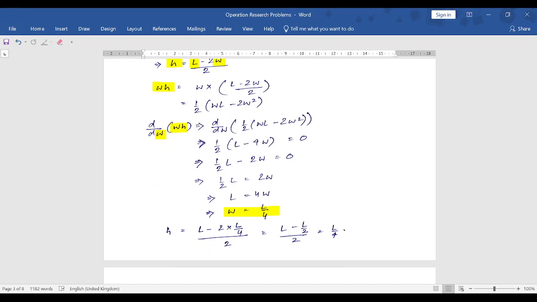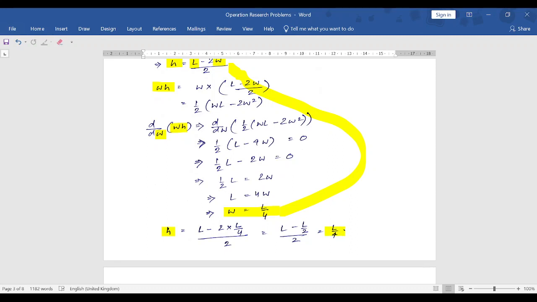So H is equal to (L minus 2 into L by 4) by 2. We replace W with this value in the expression, and we get H is equal to (L minus L by 2) by 2, which is L by 4.